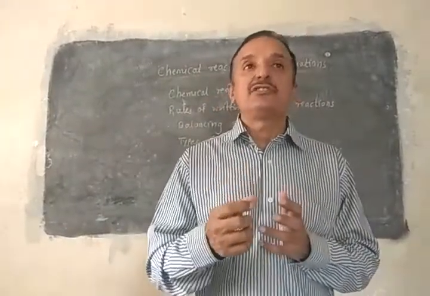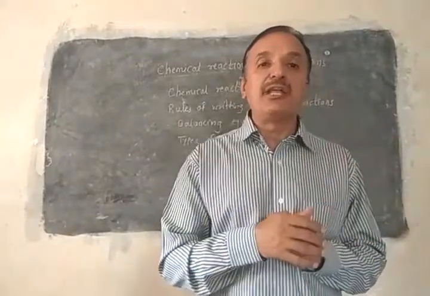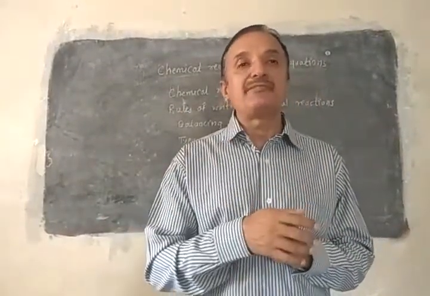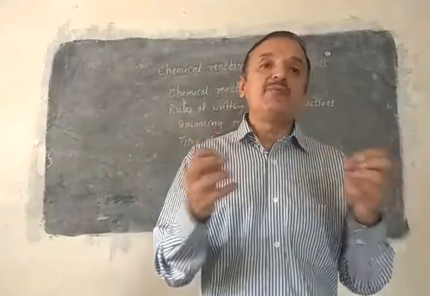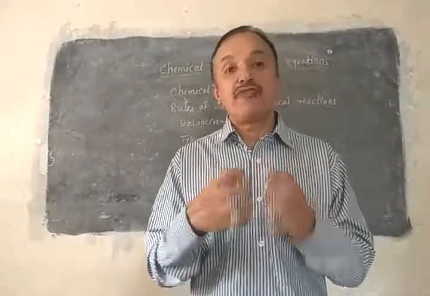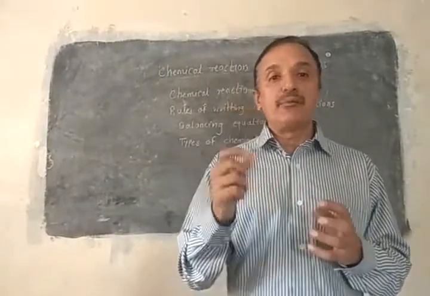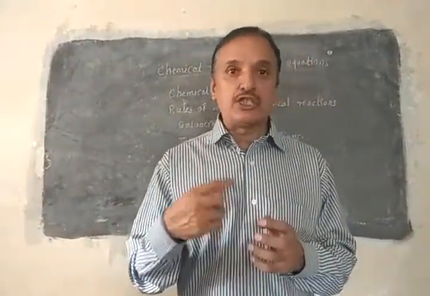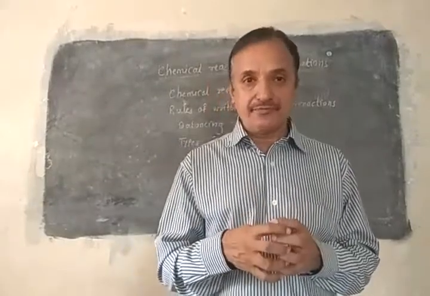For example, hydrogen is an element and oxygen is an element. When atoms of these two elements combine in a fixed proportion by their weight, we get the compound called water. That is H2O.